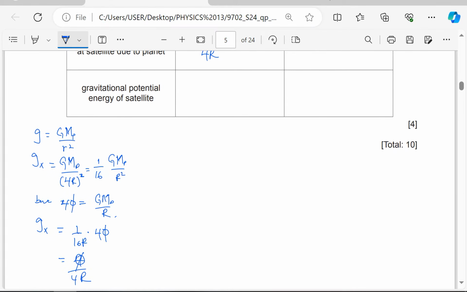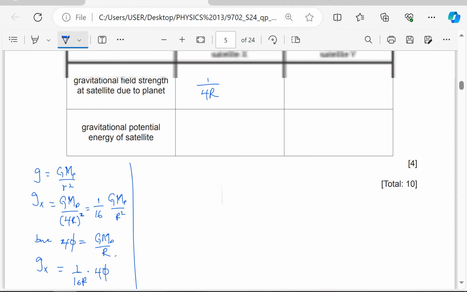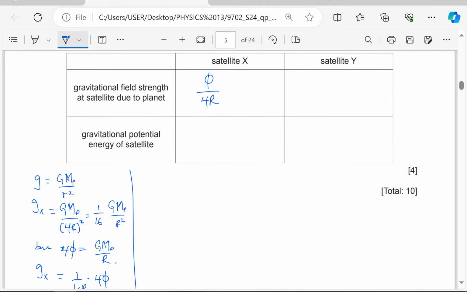Okay, let's try to do the same for y. The gravitational field strength on satellite y due to the planet, gy, is going to be capital G, capital M. By the way, you could also put a negative, because gravitational field strength is negative, since it depends on the force, and the force is always attractive. By convention, attractive forces are negative.